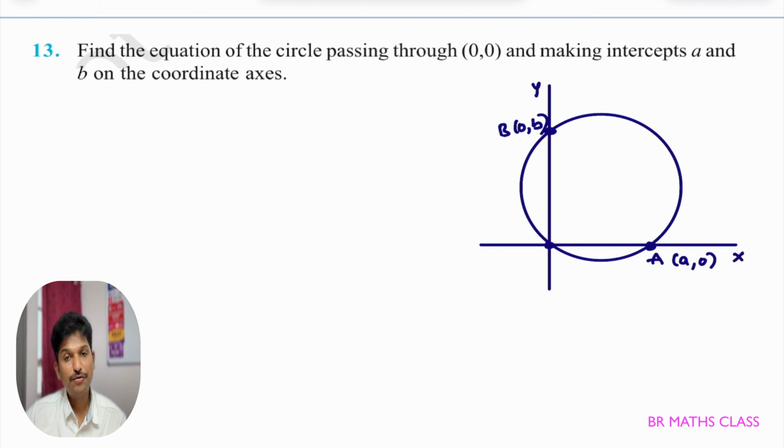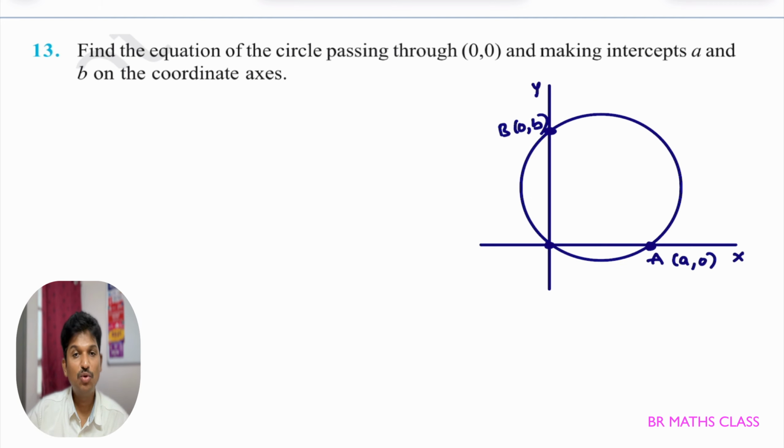Here you need to observe a few things. See here, this is a right angle, right? So you observe this is a right angle, which means obviously we know that the angle in a semicircle is a right angle. I hope you are understanding. As this is a right angle, this acts as a diameter. This is a semicircle. Angle in a semicircle is a right angle, right?